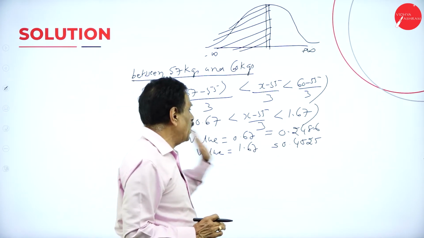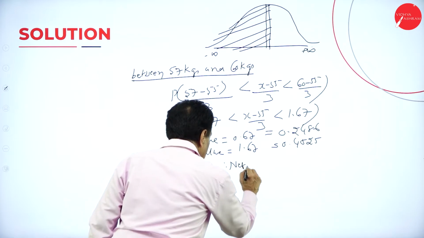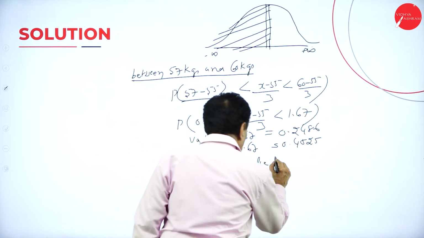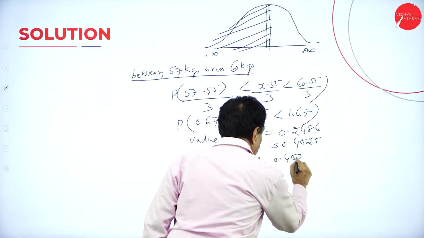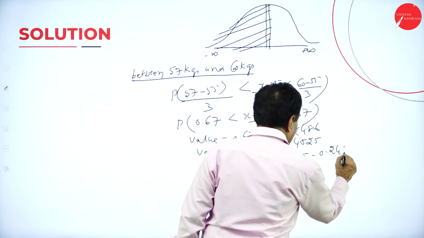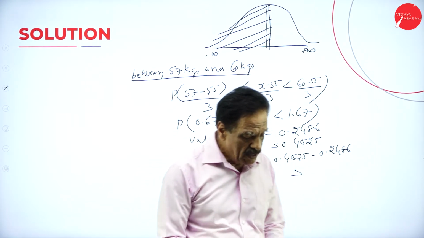From the highest value, you deduct. So net value is 0.4525 minus 0.2486.